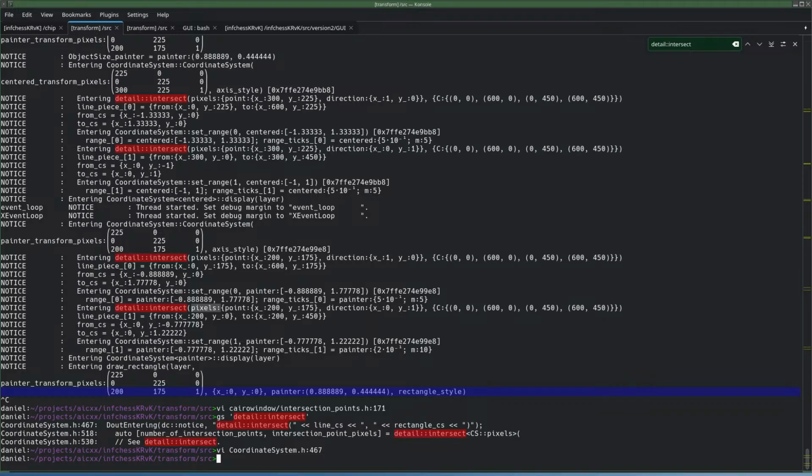Yeah, it's not that confusing yet, I suppose. Just don't have a member pixels. But yeah, I don't know.